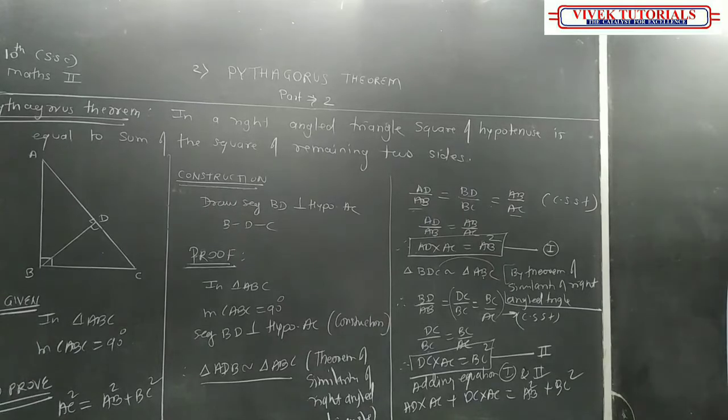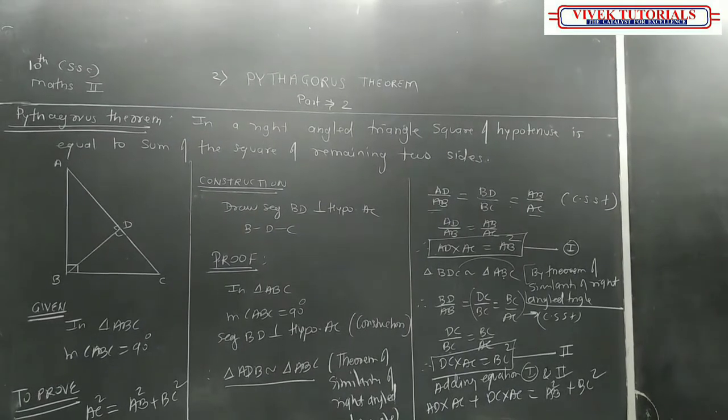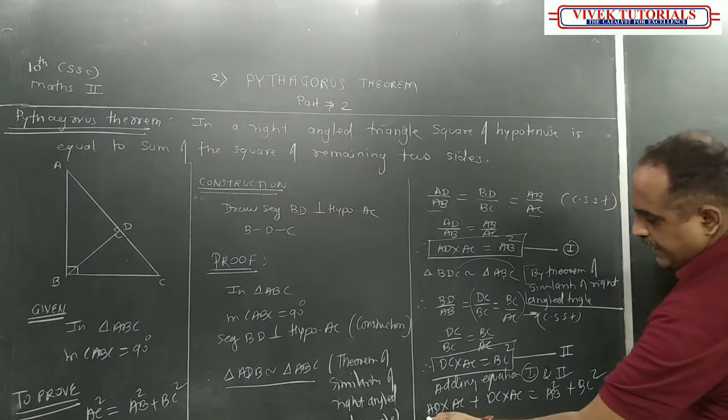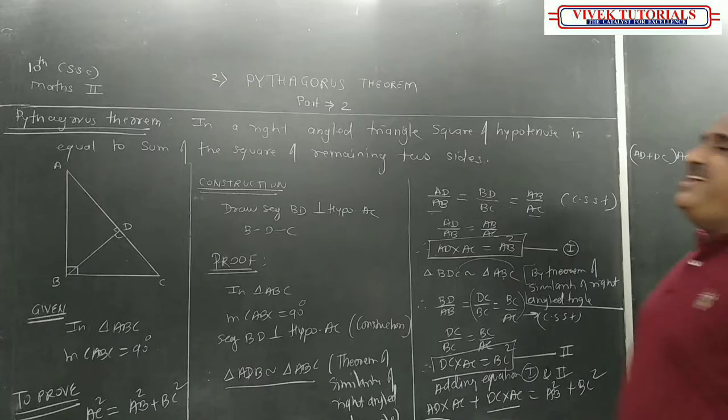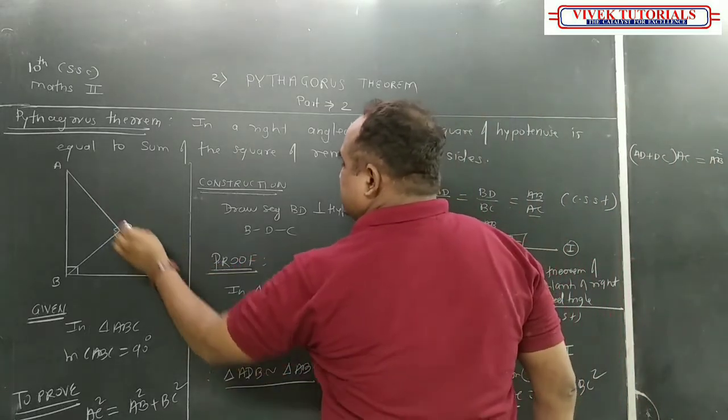Now, in both the cases, what is the common term? AC. If I take AC common, what remains inside the bracket? AD plus DC, and here we get AB square plus BC square. Now tell me, what is AD plus DC?